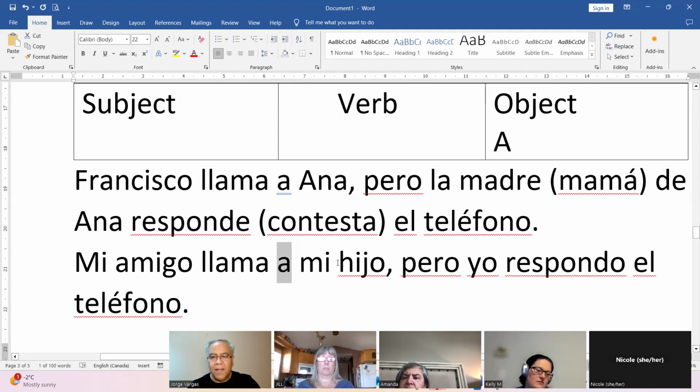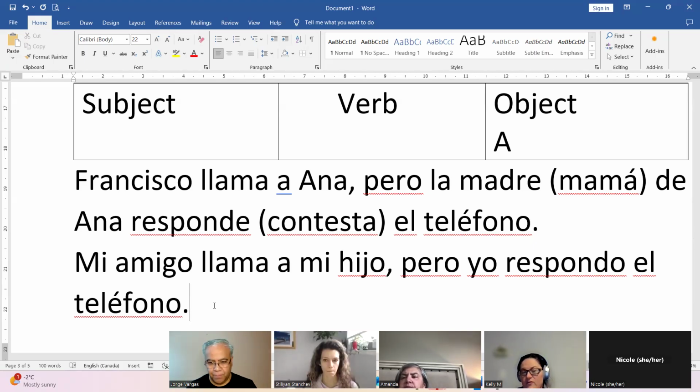Mi, H is silent. Mi hijo. Pero yo respondo el teléfono. Another situation here. Yo respondo el teléfono. Count to 3, you're on. 1, 2, let's go. Mi amigo llama mi hijo, pero yo respondo el teléfono.